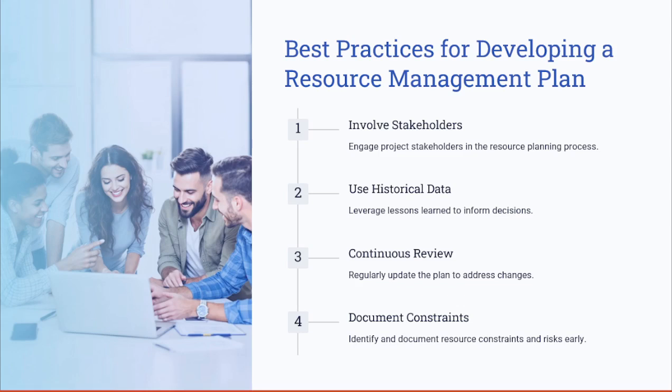You also need to review and update regularly. The RMP should be a living document that is reviewed and updated as the project conditions evolve. You also need to document constraints and risks. Identifying and documenting any resource constraints or potential risks early will help mitigate challenges later.